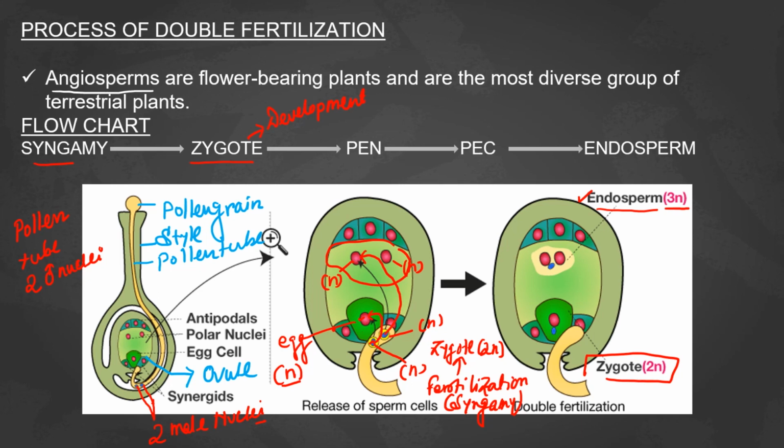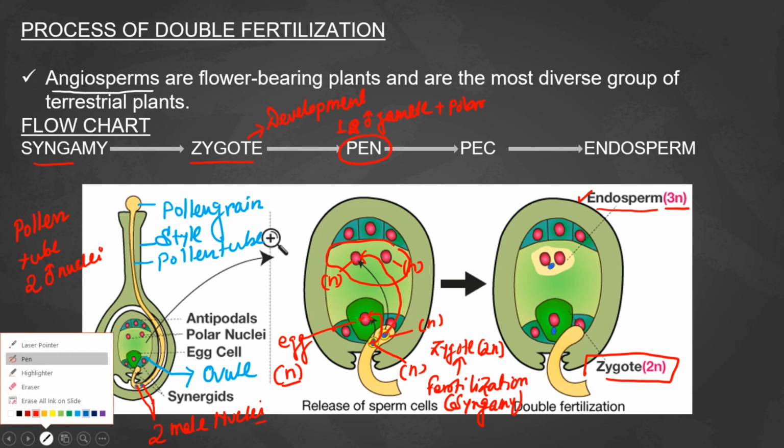तो यहाँ पे फ्यूजन के कारण, okay, the fusion of the two male gametes, or sorry, over here one male gamete, and over here also with the male gamete the polar nuclei also fused, and due to that there will be formation of PEN. So what do you mean by the PEN?